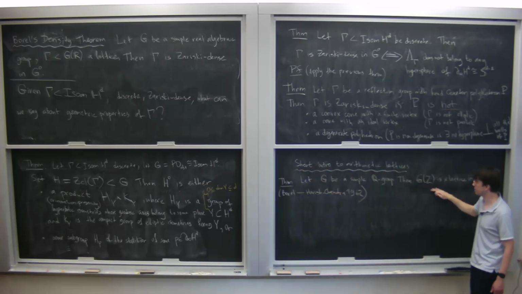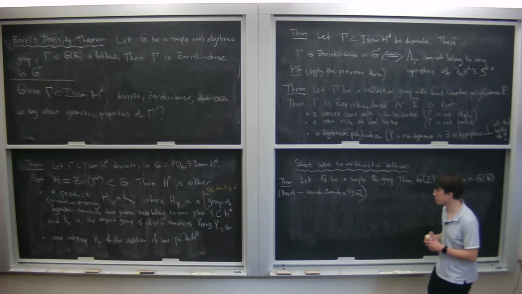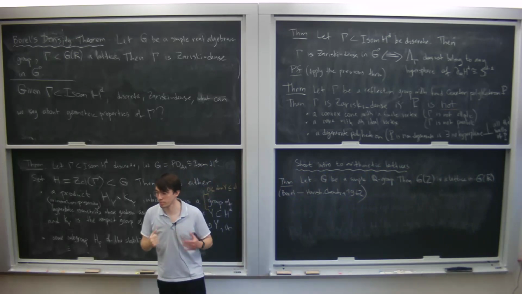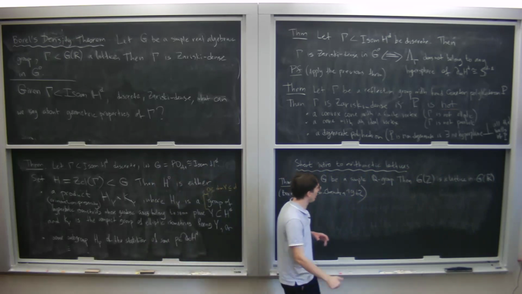So if you start with algebraic groups, then the group of integer points are lattices with respect to the Haar measure in the Lie group G of R.